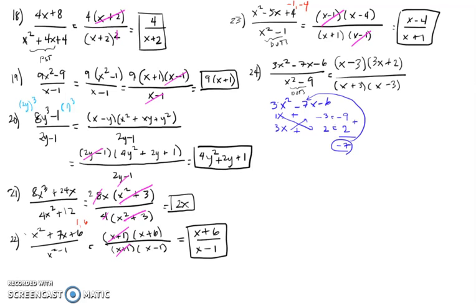So as you can see, we can cancel out x minus 3. So the final answer would be 3x plus 2 all over x plus 3.